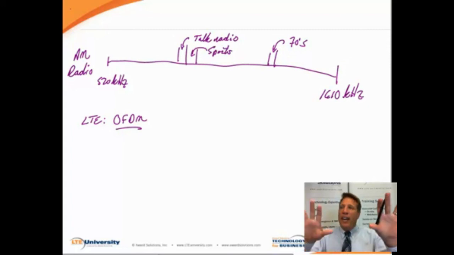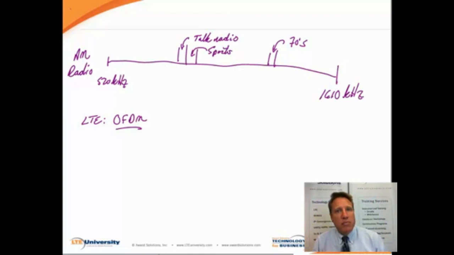Think of OFDM as the counterpart of CDMA. The 4G systems, like LTE and WiMAX, instead of being based on CDMA, are based on OFDM, or OFDMA as a result. So that's how those two compare. And OFDM, by the way, is not new. We've been using it for years in technologies like Wi-Fi.